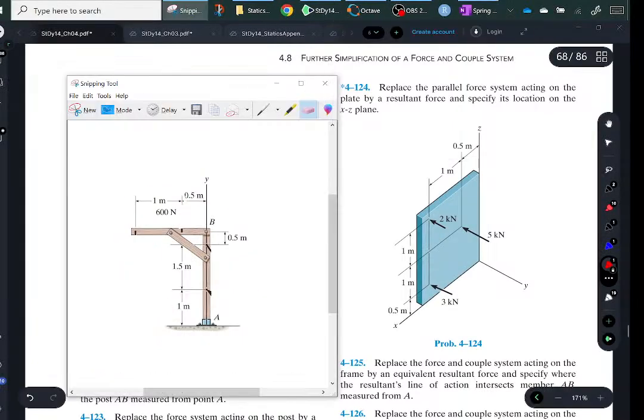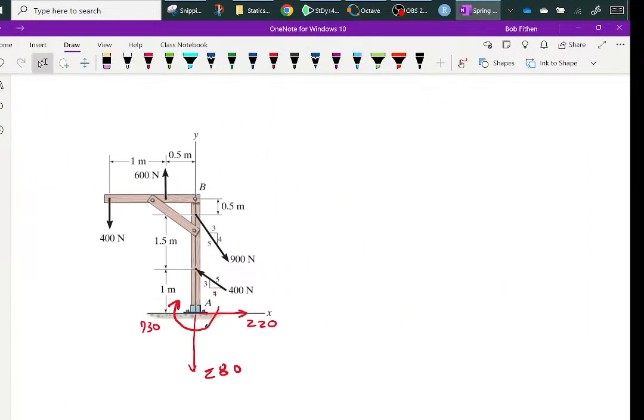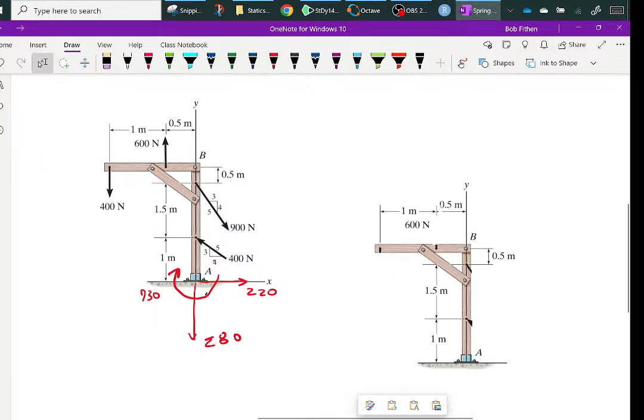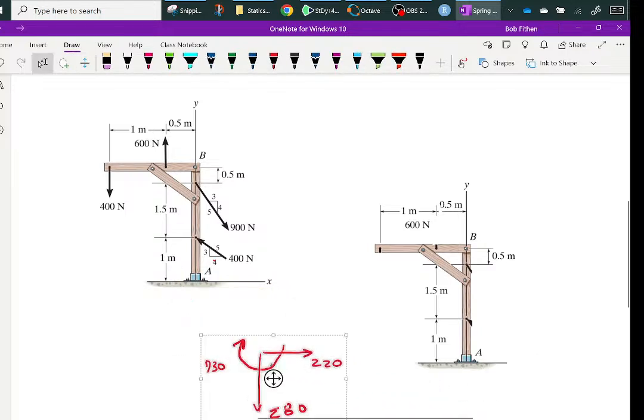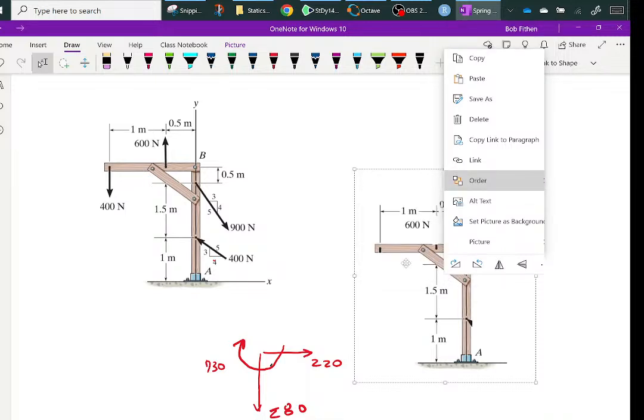Okay, so I got a thing with no forces on it. So technically, I just put it right here. And then I'm going to do this and move that over onto that. It's mad at me because I need to order, send to the back.